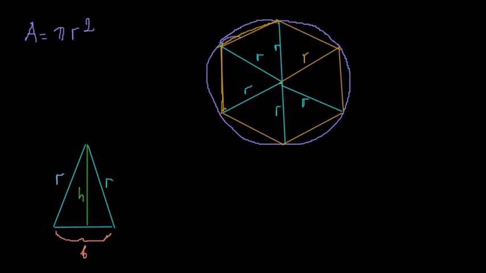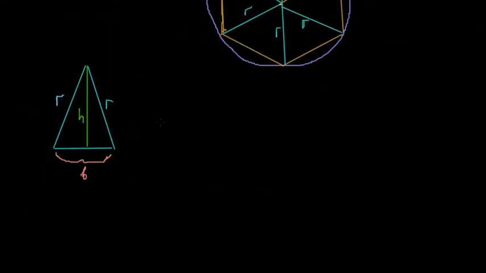We know that the area of a triangle, let's call it A, is equal to one half times the height of the triangle times the base, right? And this is true for any triangle.